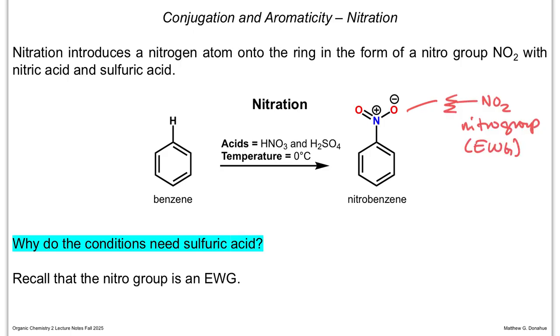And again, that was an electron withdrawing group. To do this, we need nitric acid in the presence of sulfuric acid, and we need really low temperatures.